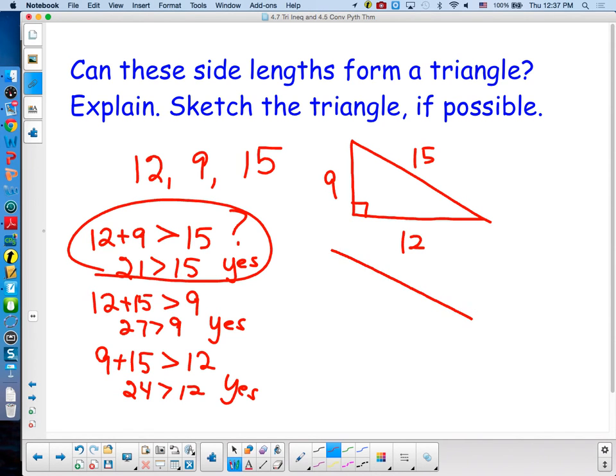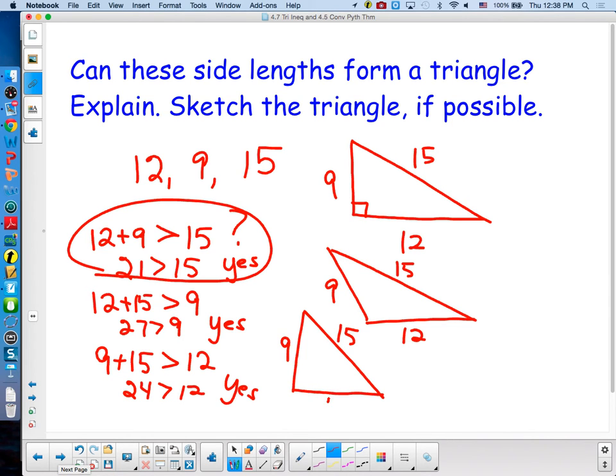Or is it open a little bit wider, so it's more of an, what kind of triangle? Obtuse? Is it obtuse? Or, to make it look acute, how would it look if it's acute? That's probably not realistic, but 15, 9, and 12, is it acute?